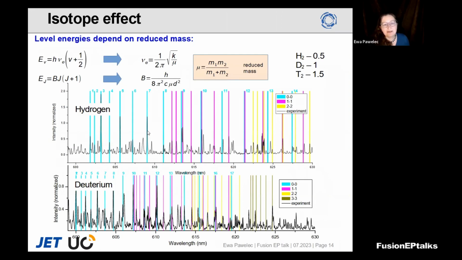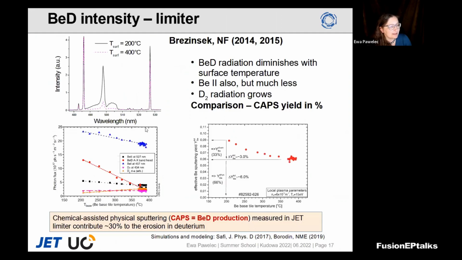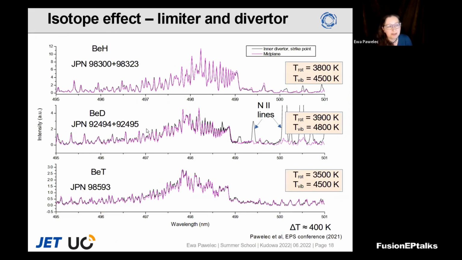Those are really nearly separate transitions, and you can treat them exactly as an atomic spectrum and make the Boltzmann plot, and that's not very problematic. It's more problematic when you have the spectrum that looks like that, because you have many lines that overlap.